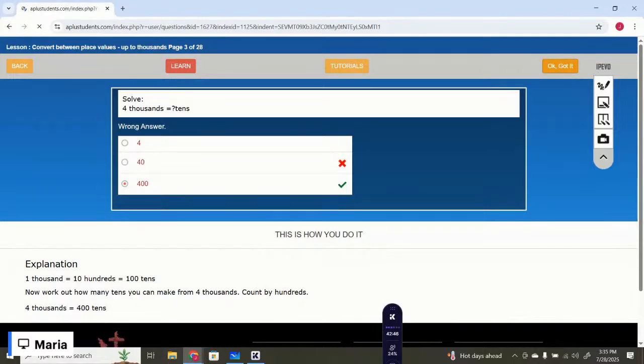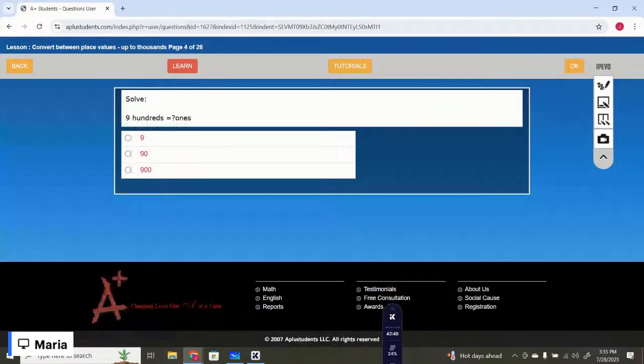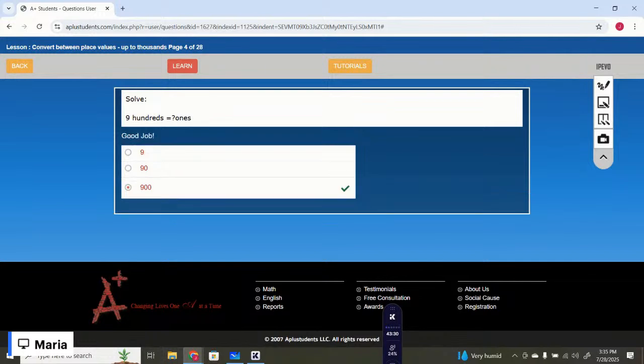The correct option is 400. 900 is equal to 900 ones. Option number 3 is the correct option.